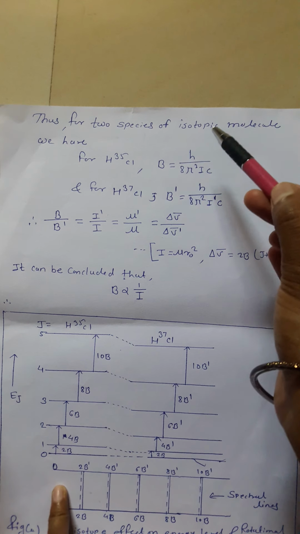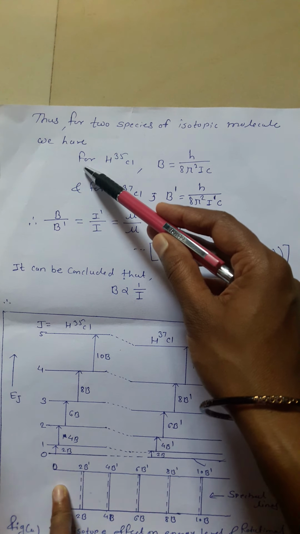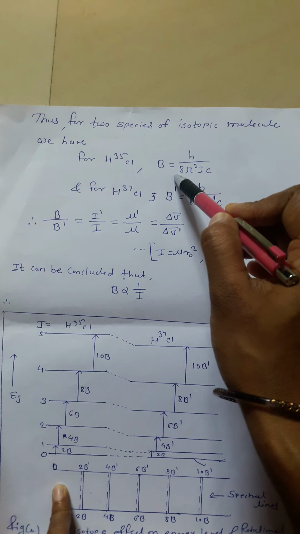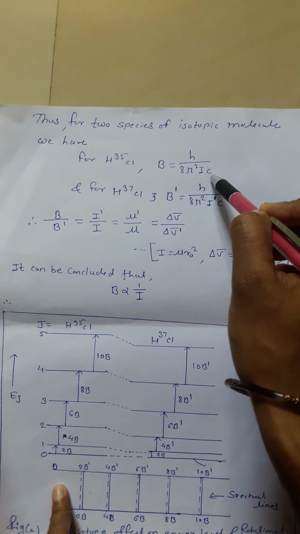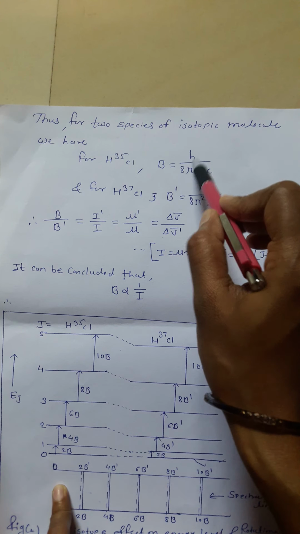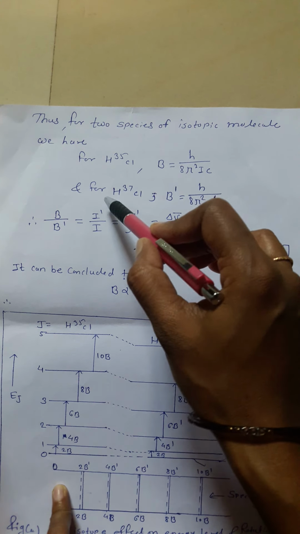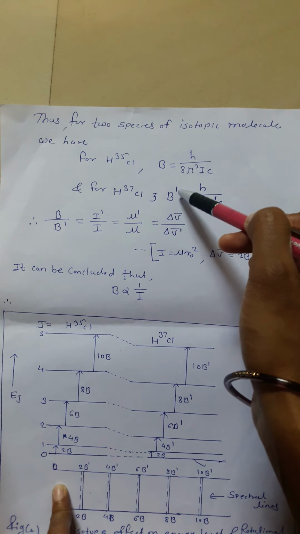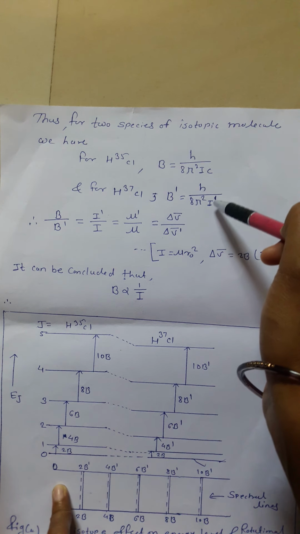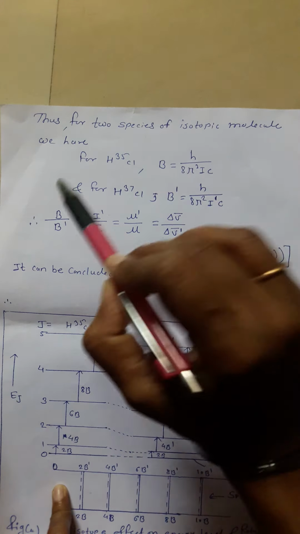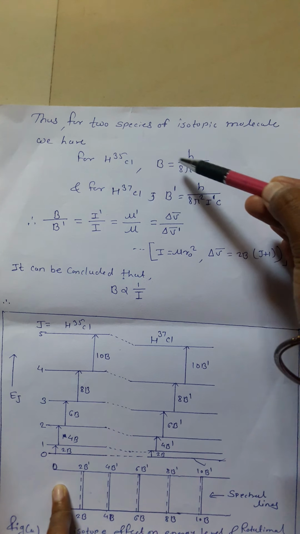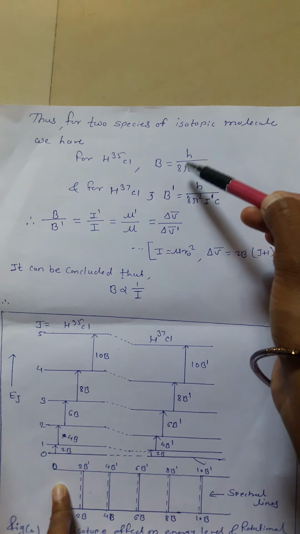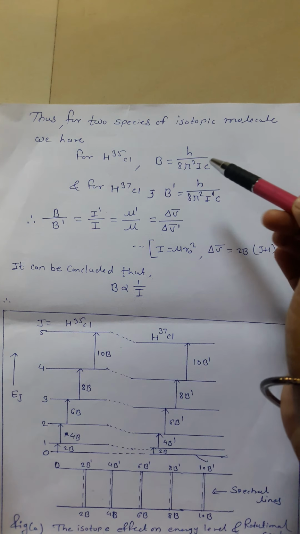Thus for the two species of isotopic molecules we have, for HCl35, B is equal to h upon 8 pi square IC, and for HCl37, B dash is equal to h upon 8 pi square I dash C. Then B upon B dash gives I dash upon I, as the common factors get cancelled.